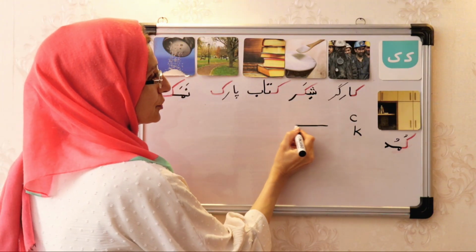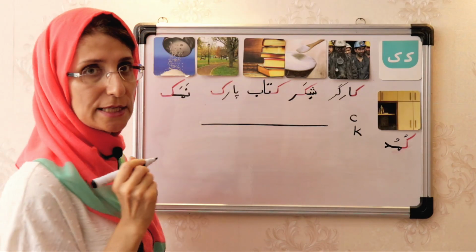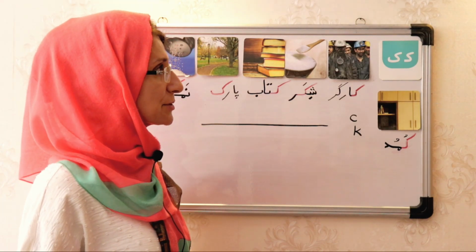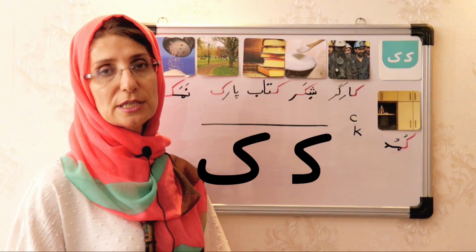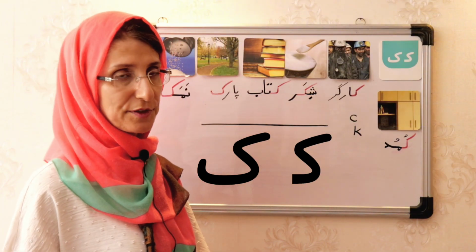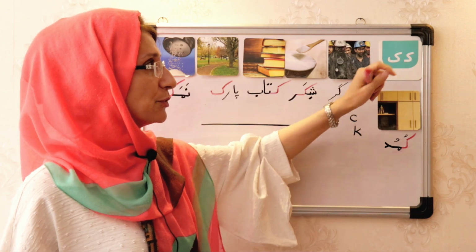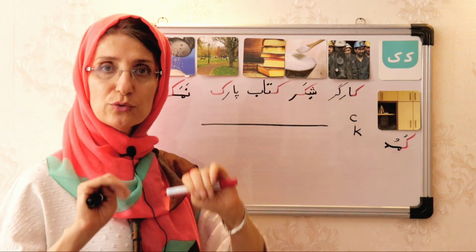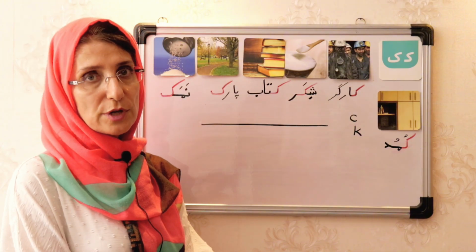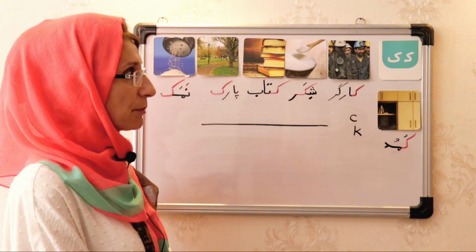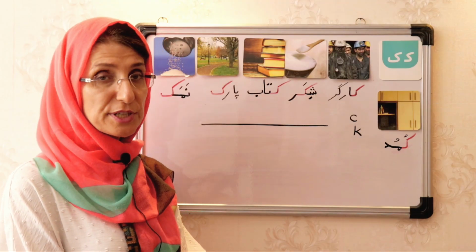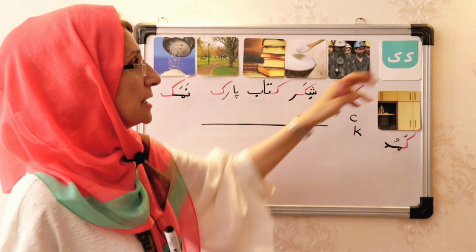Now I show you how to write K. By the way, K is written differently in handwriting and in the newspapers or in the books. When you type on your cell phone or laptop you see this K, and in printed books maybe you see this form.